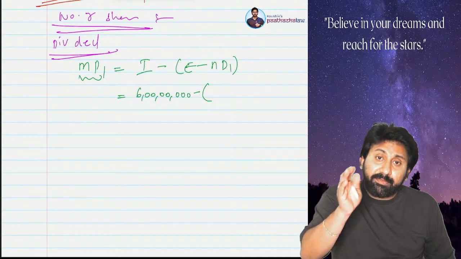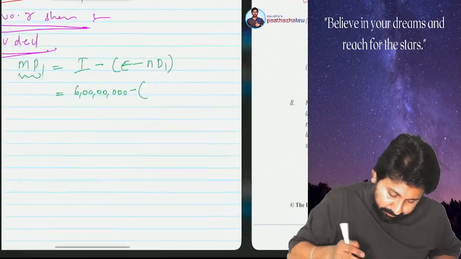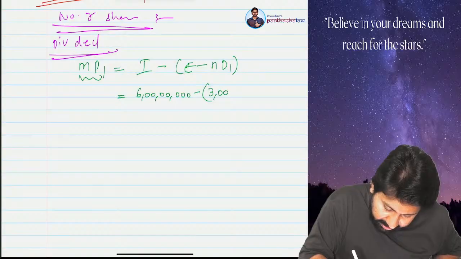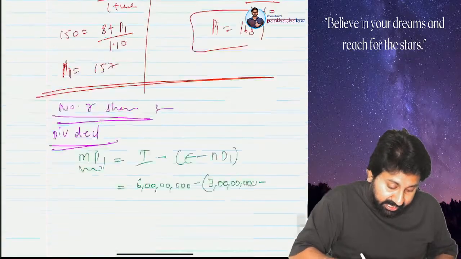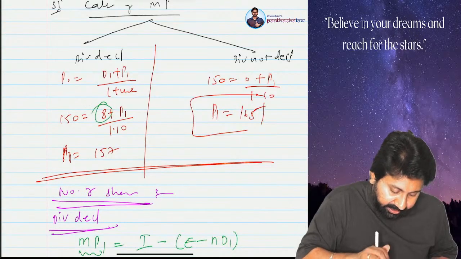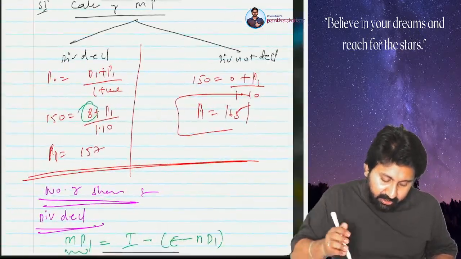But already some existing earnings are there. How much is the existing earning? 3 crore. Will the full 3 crore be available? No. This year we declared some dividend, 8 per share. How many shares are there totally? 10 lakh. 10 lakh into 8 is 80 lakh.